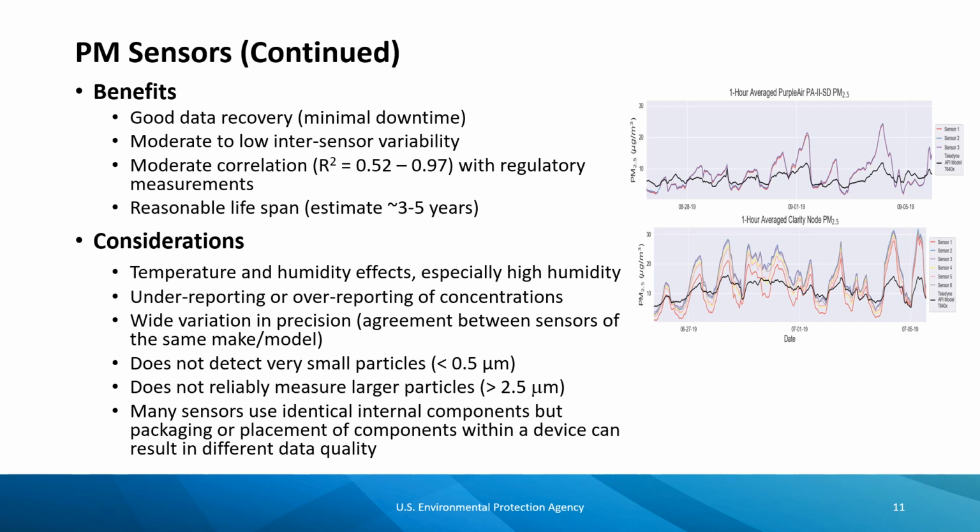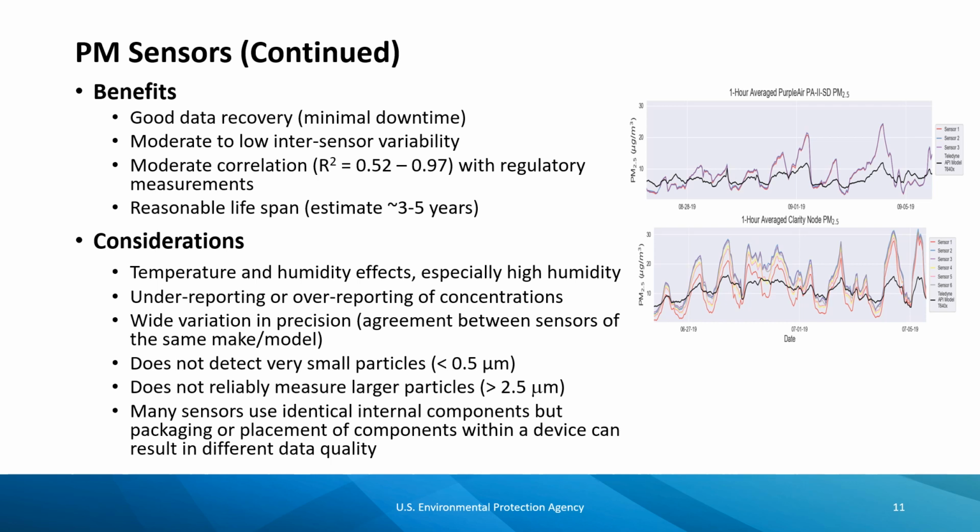Some considerations to note are that PM sensors tend to be impacted by temperature and humidity, especially high humidity. They can over or under report PM concentrations, and they have a wide variation in precision. This means agreement between sensors of the same make and model could be very good or very poor.